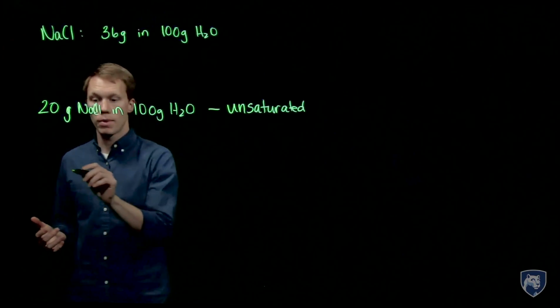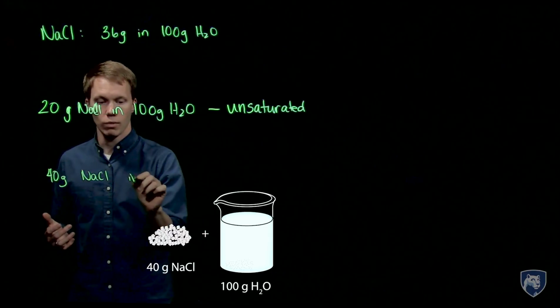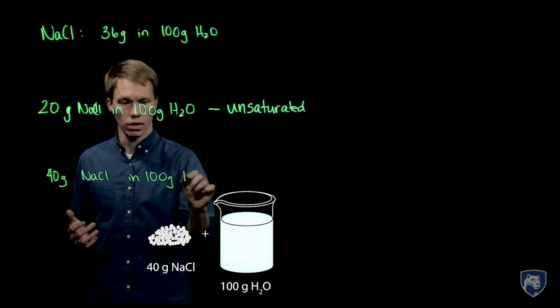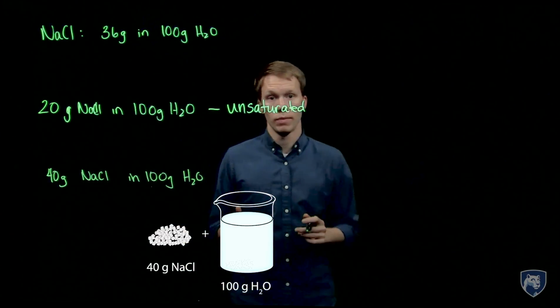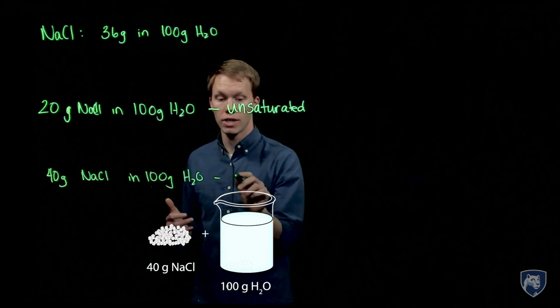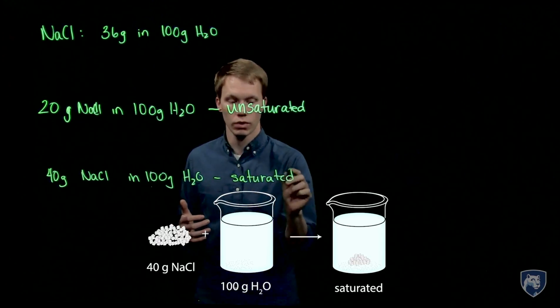Now let's say that we put 40 grams of sodium chloride in 100 grams of water. This would not all be soluble, and so we will have reached our solubility limit, and this is a saturated solution.